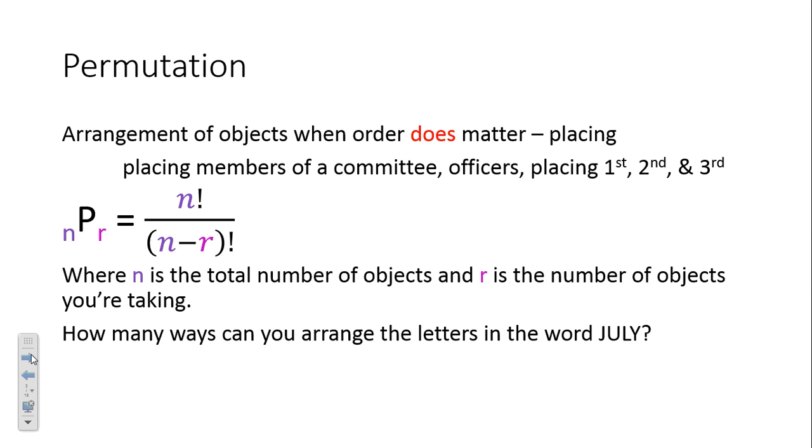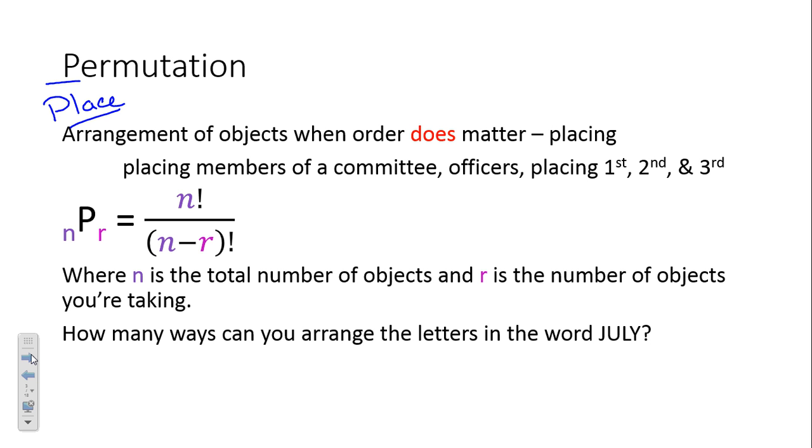I want you to think of P in permutation corresponding to place. Where are we placing them? What special title are we giving them? So permutation is when order does matter, and we have a symbolism for it.